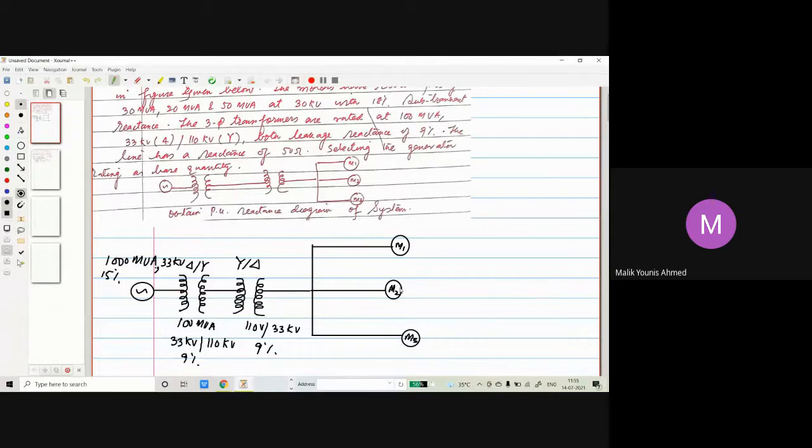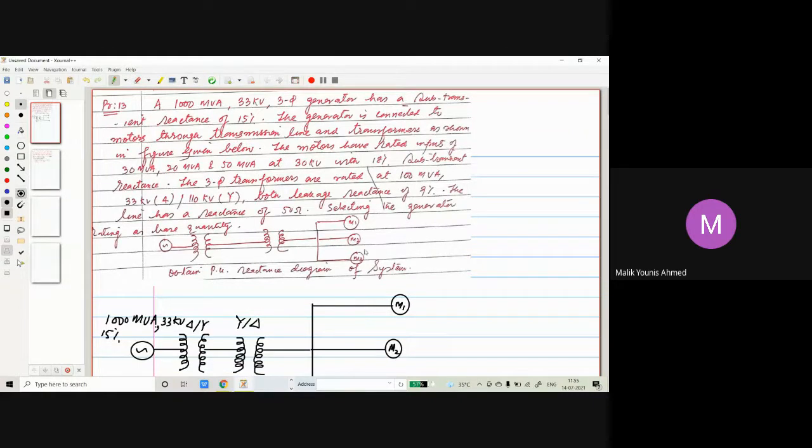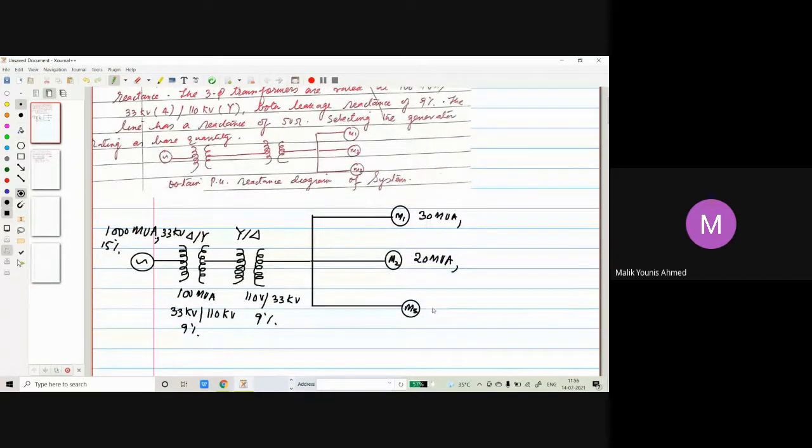About the motors, he has given the data here. The motor ratings are 30 MVA, 20 MVA, and 50 MVA. That means the apparent powers are 30 MVA, 20 MVA, and the third is 50 MVA. So these are three.